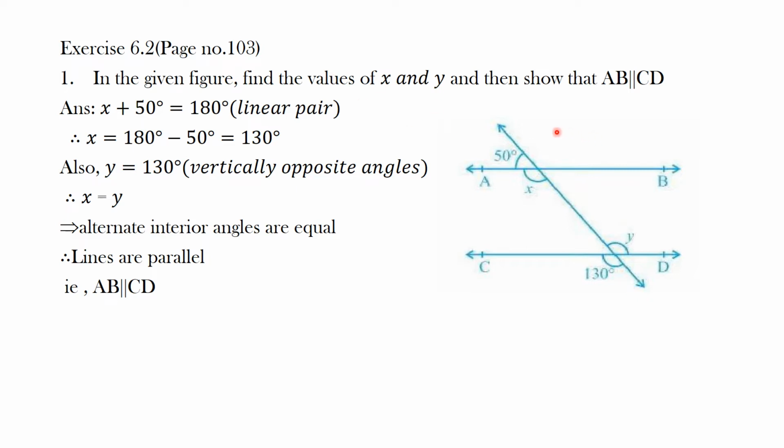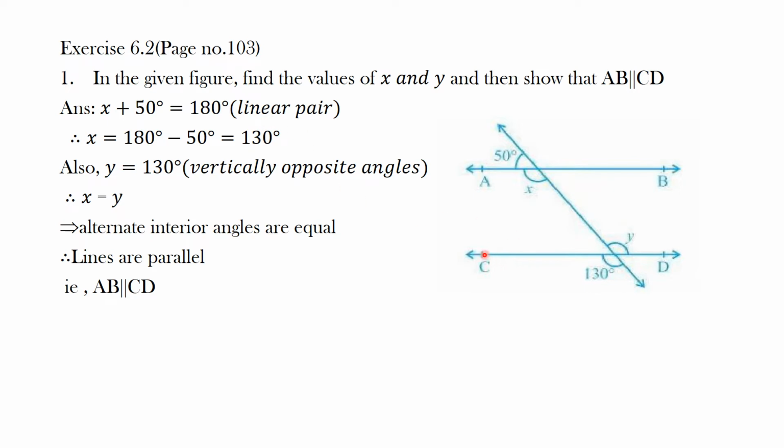Taking the third line, we can say x plus 50 is equal to 180 degrees using the condition linear pair. From this, we can find the value of x, which is 180 degrees minus 50 degrees equal to 130 degrees. Therefore, we got the value of x as 130 degrees.